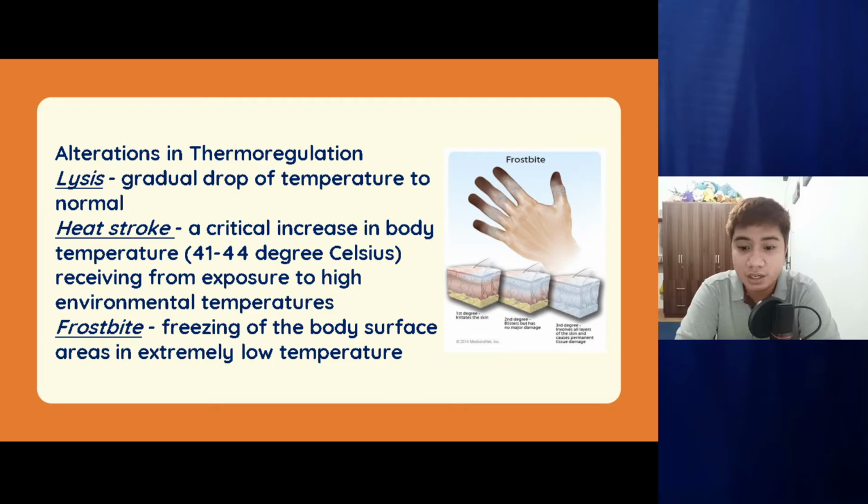Same also here in the Philippines, especially during summer season, it gets so hot that some people get heat stroke. And in areas prone to winter season, they experience what is called frostbite. So, freezing of the body surface areas in extremely low temperature.